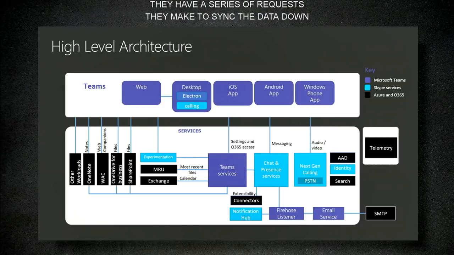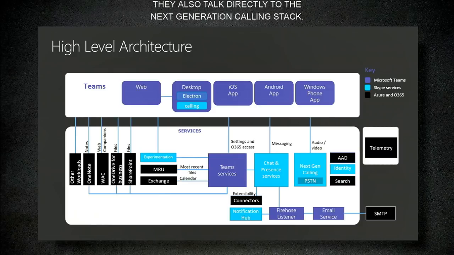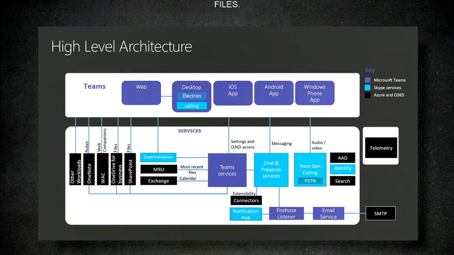They also talk directly to the next generation calling stack, because again, you don't want Teams microservices in the middle when you're trying to move audio video bits. Now, let's say a user comes in and they do want to do something like most recent files. We might do that through a middle tier service because we want to do some other operations to bring it all in together. We might not make the client go do that on its own.